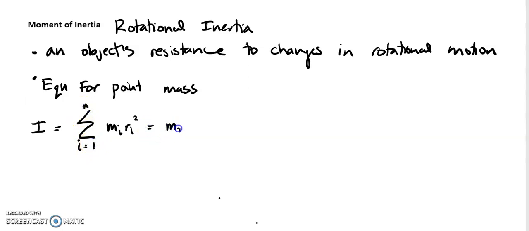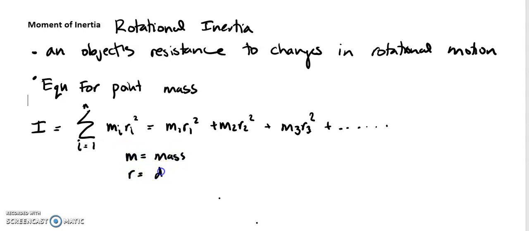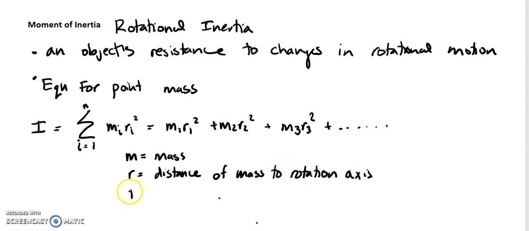If we were to write that out, it's just m1 r1 squared plus m2 r2 squared plus m3 r3 squared and so on, where m is the mass and r is the distance of that mass to the rotation axis. And again, I is the moment of inertia.